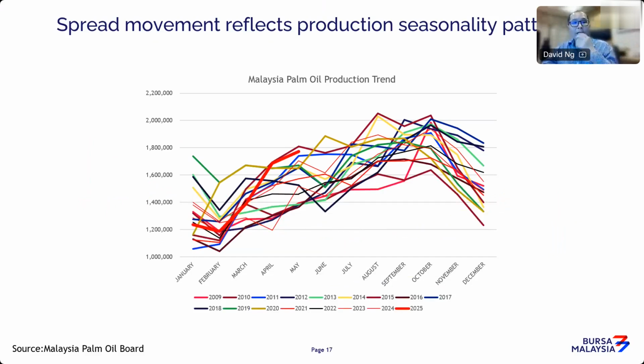Now, why I think it's important to look at fundamentals when it comes to trading spreads is because, like I mentioned earlier, there are always periods in time when markets perform much better, and periods when markets are not so well. You can see here the production period from January to December, based on MPOB.